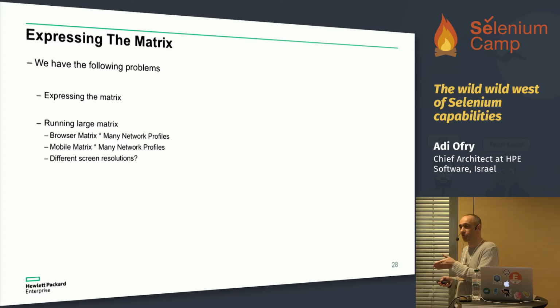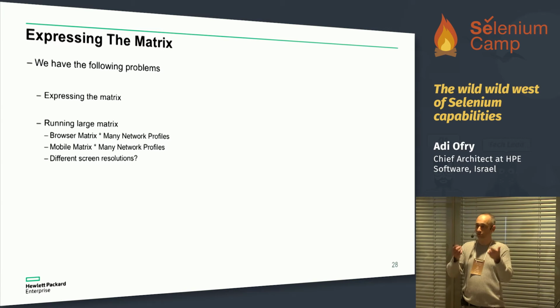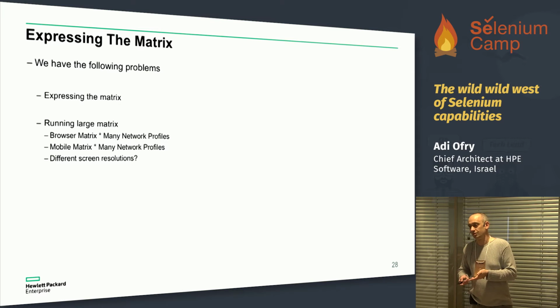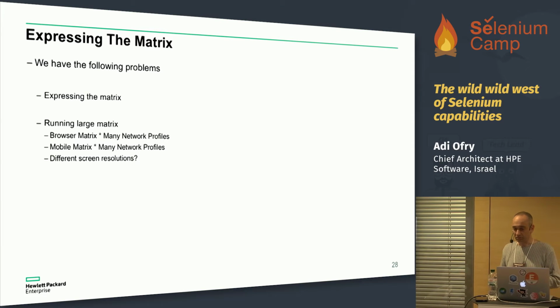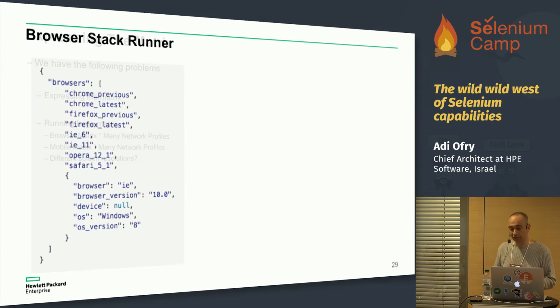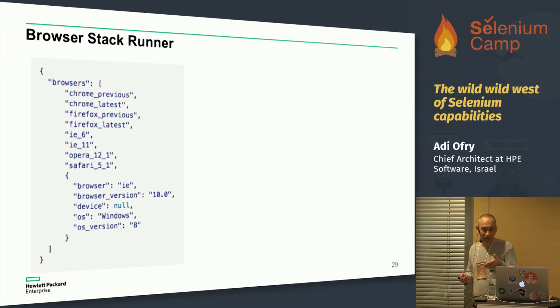Are you checking all the screen resolutions? That's a lot of work. Doing it all by yourself is kind of hard. So that's where vendors come in. And here is an example for expressing the matrix by a vendor.